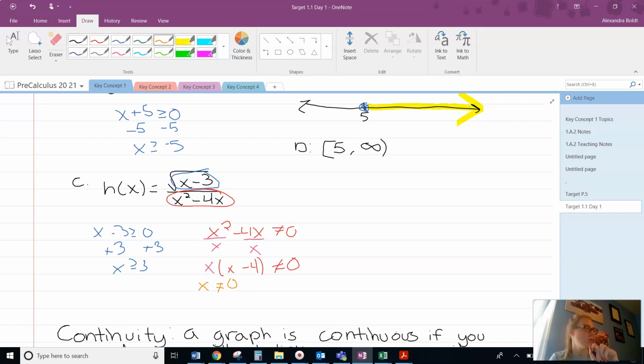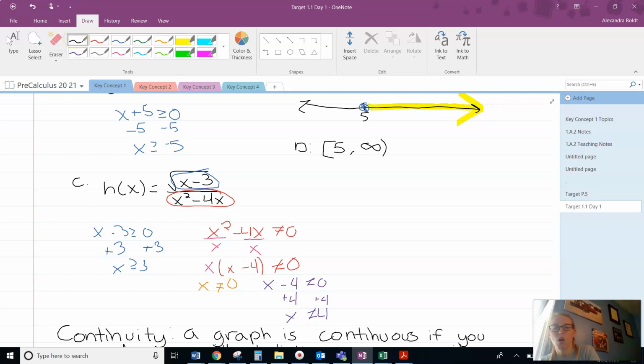That's already solved because it's already equal to 0. And then we have x minus 4 does not equal 0. And we add 4. So x does not equal 4.